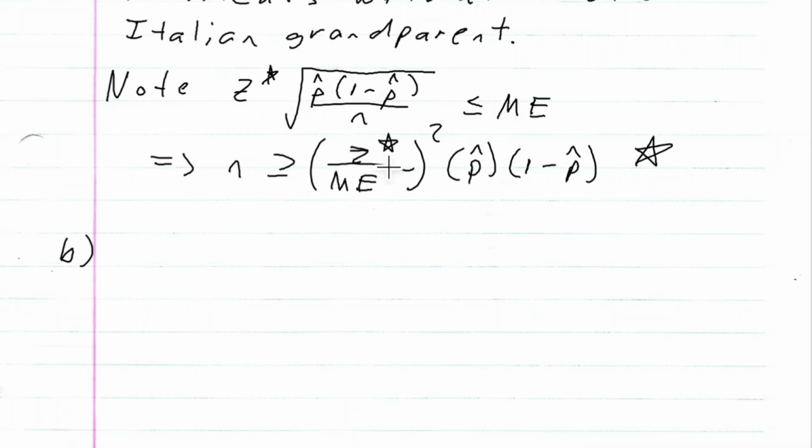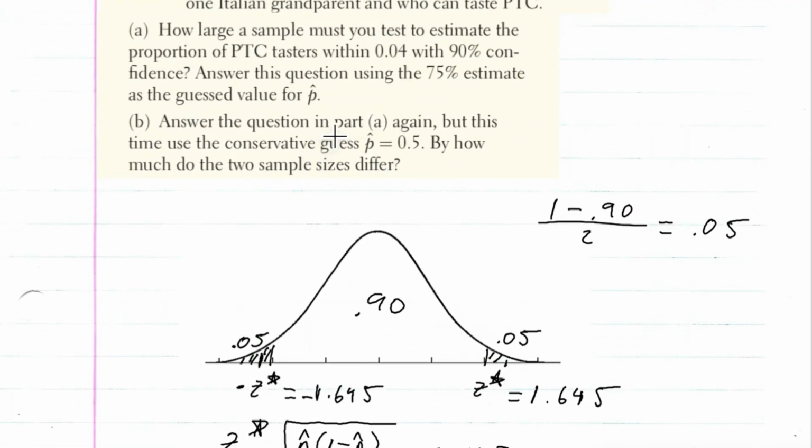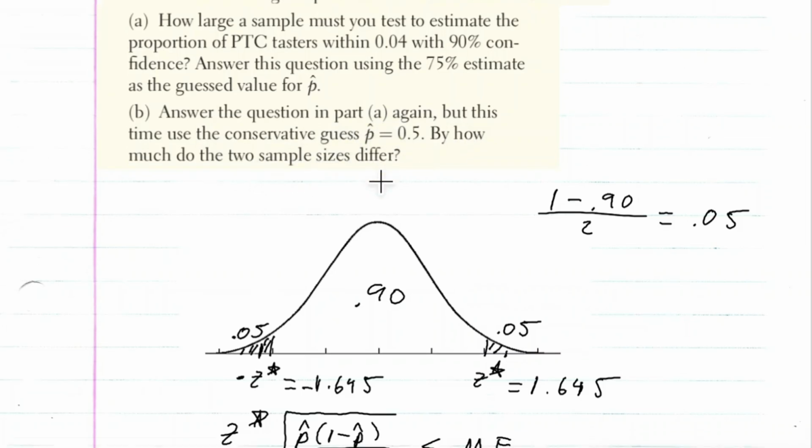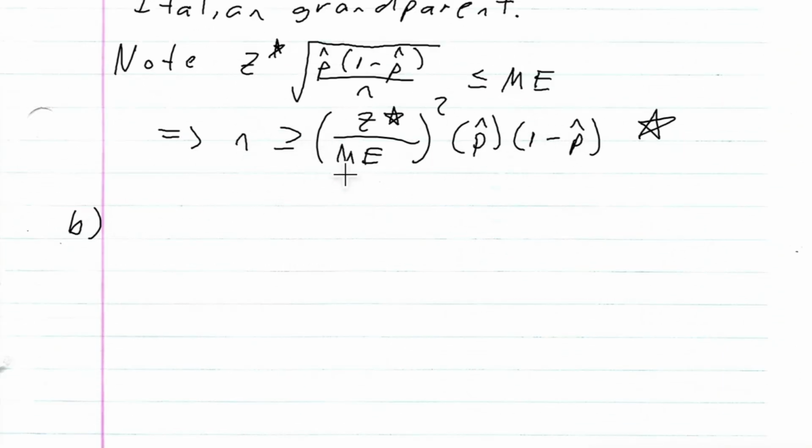All right, so part B: answer the question in part A again, but this time use the conservative guess p hat equal to 0.5. By how much do these two sample sizes differ? So now we're going to use this inequality to figure out the sample size needed when p hat is 0.5 instead of 0.75.